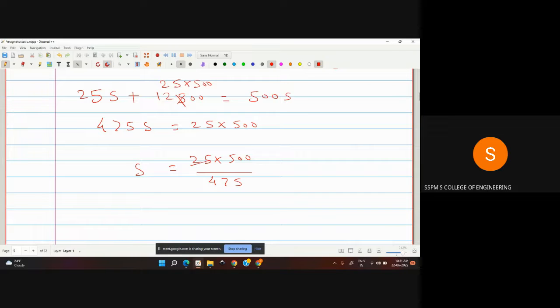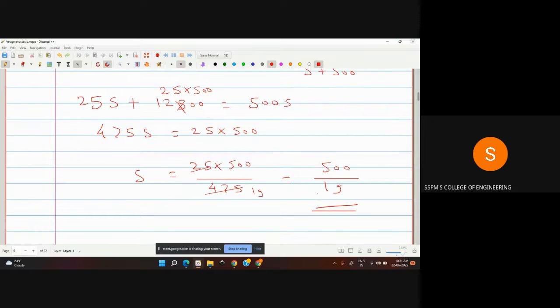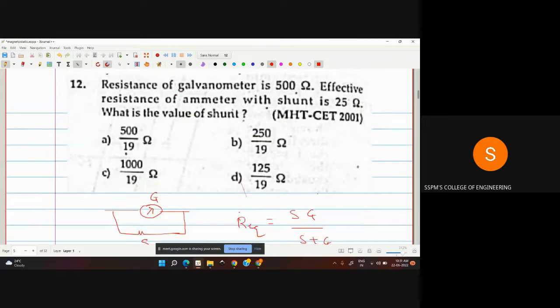Now 25 into 19 is 475, see how much it comes, 19. The answer is 500 divided by 19. What is the option? 500 upon 19 is the correct option, option E.